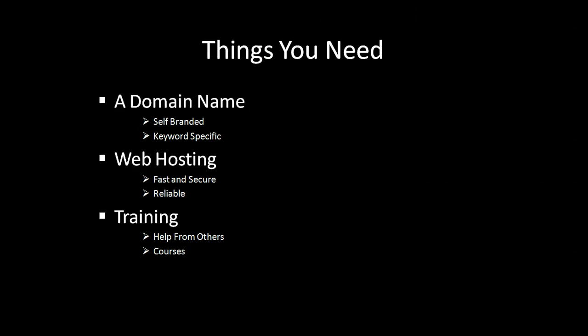You can have two kinds of domain name. You can have a self-branded domain name and a keyword-specific one. Self-branded is something like mine, andygonline.com, where you want to build up a relationship with your clients or your audience, the people that you're trying to give stuff to. The other kind of domain name you have is keyword specific.